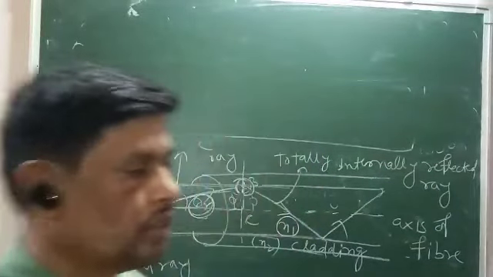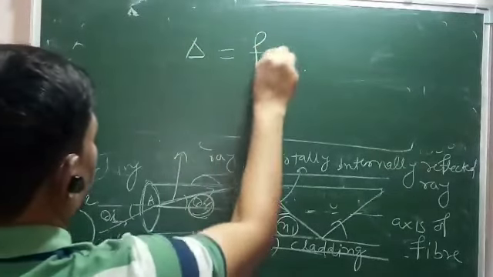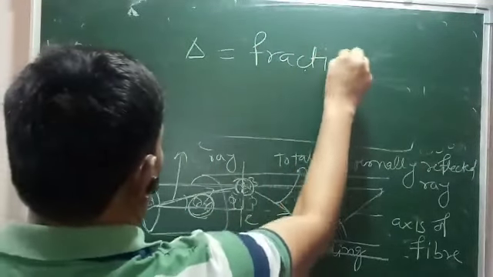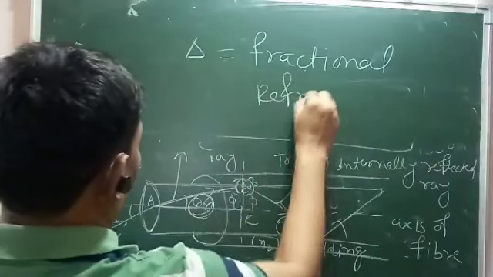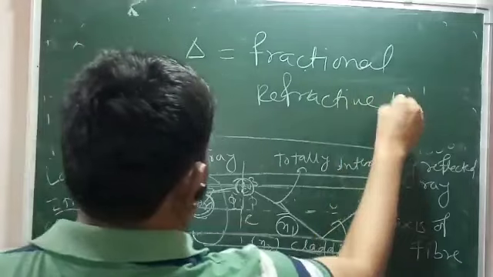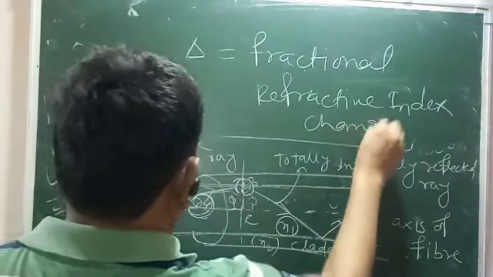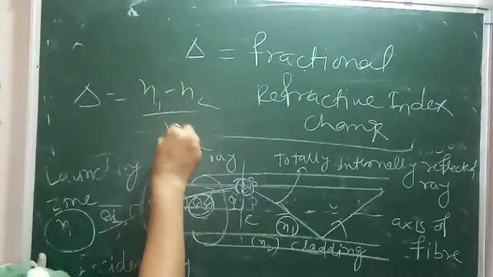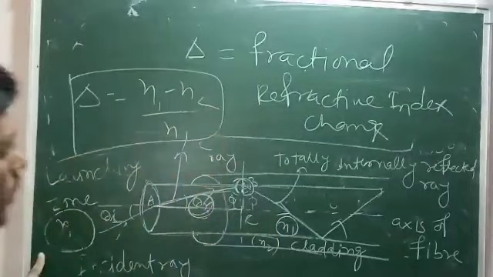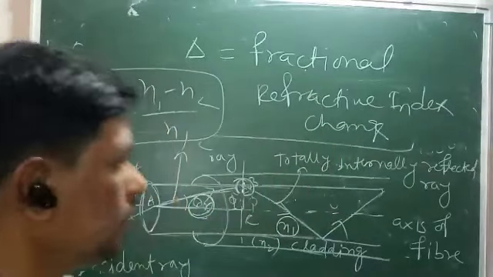Now we can see that del is the fractional refractive index change. So del is equal to n1 minus n2 by n1. This is the definition of del, the fractional refractive index change.